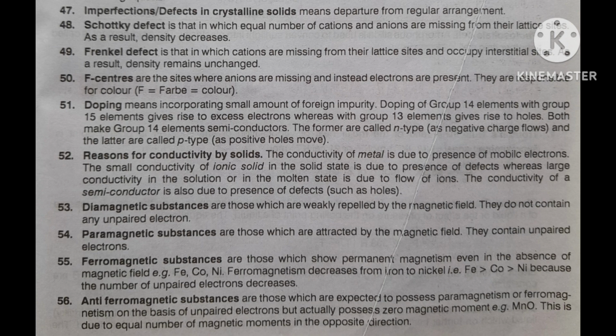Mixing is done. Okay. I told you that mixing is done either with group 15 or group 13 elements. Their atoms are introduced. Atoms from group 15 will create negative, and from group 13 will create positive.